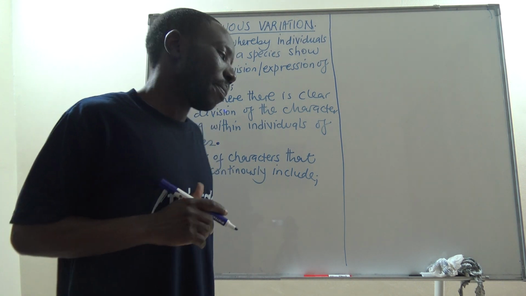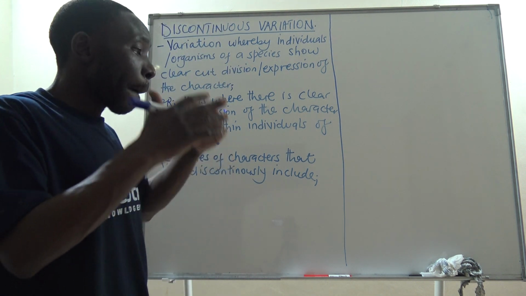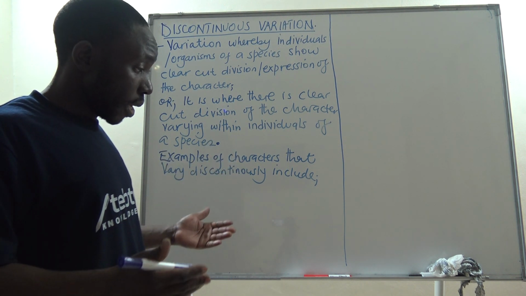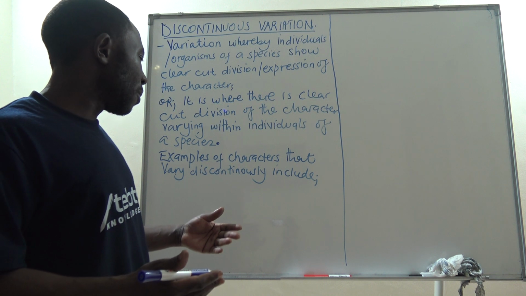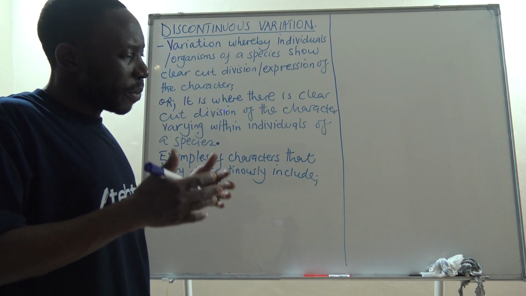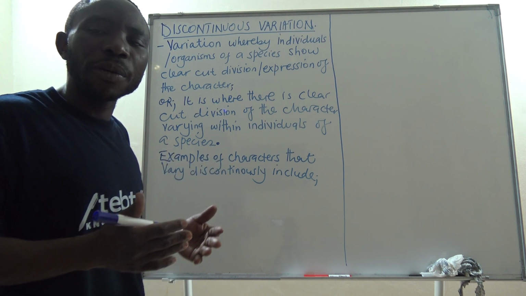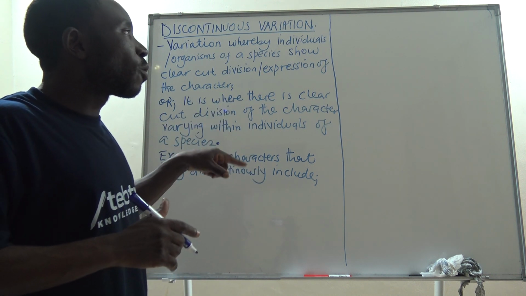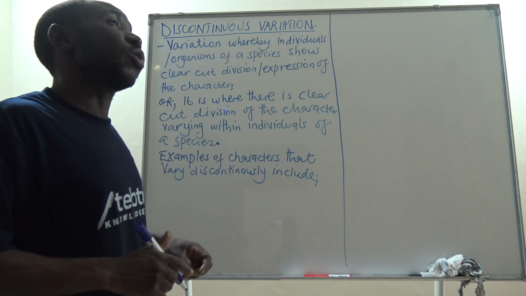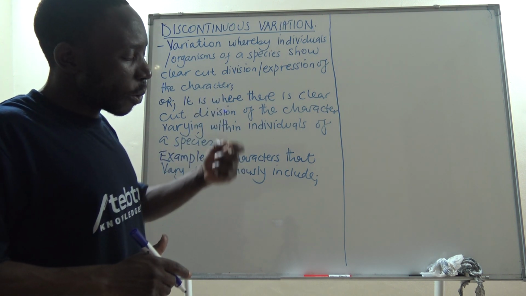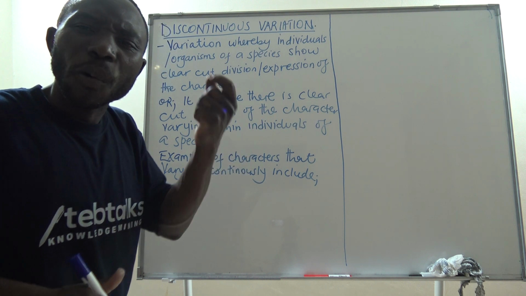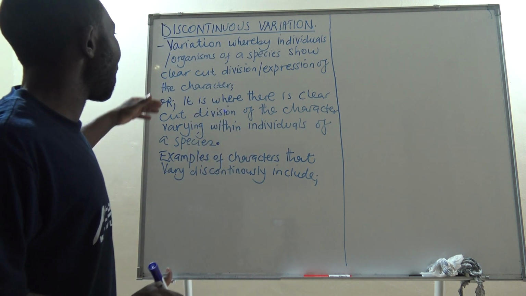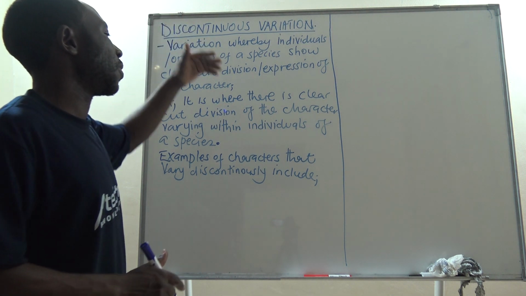Then two, we have blood groups, whereby we have four: blood group A, blood group B, blood group AB, and then blood group O. There is no other blood group other than those four, so an individual will possess any of those four blood groups, and so we say it is a character which varies discontinuously.